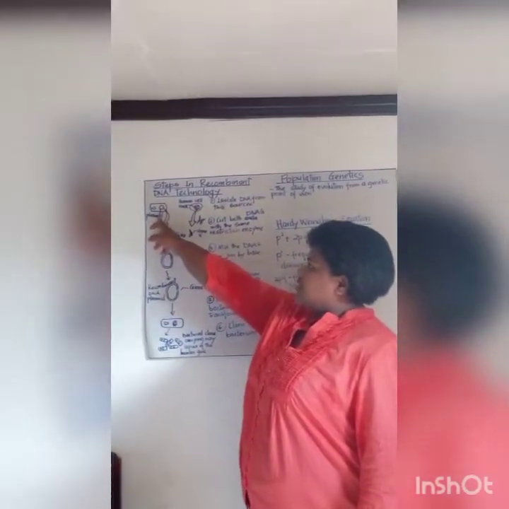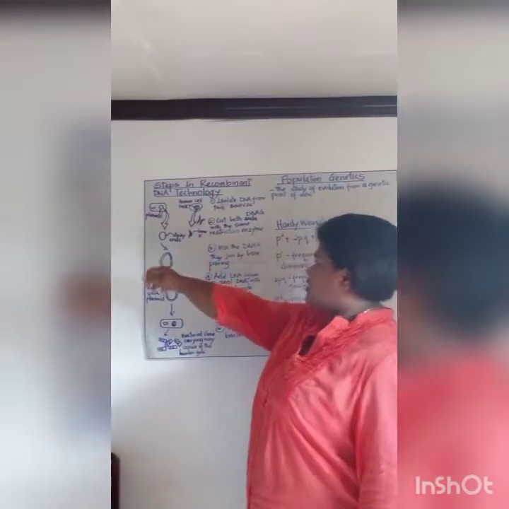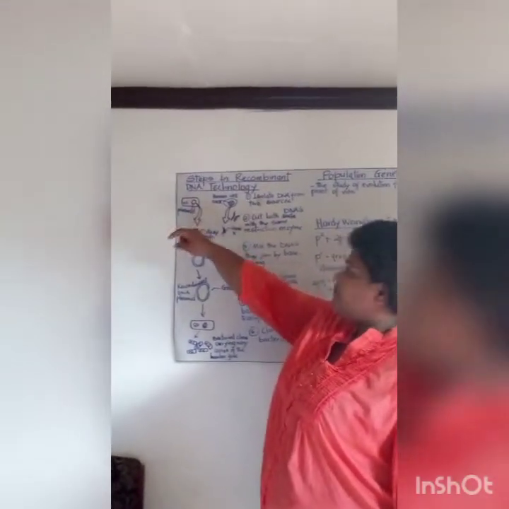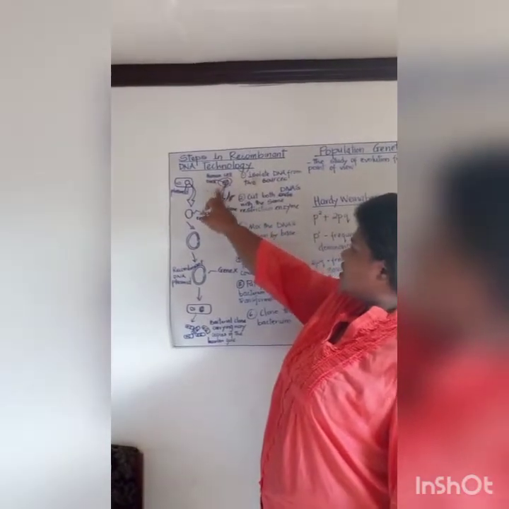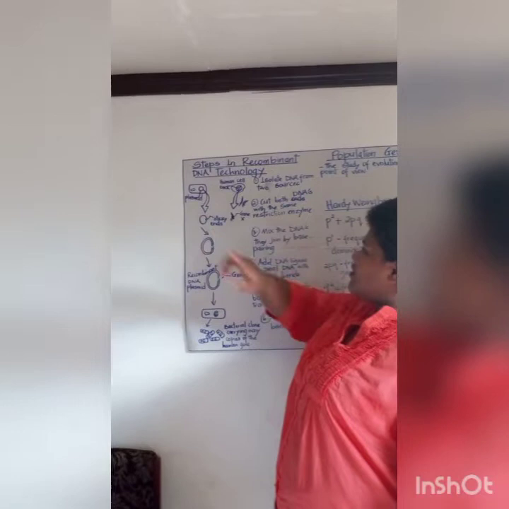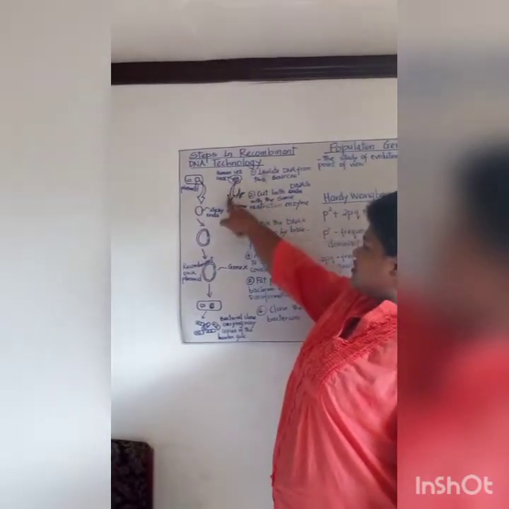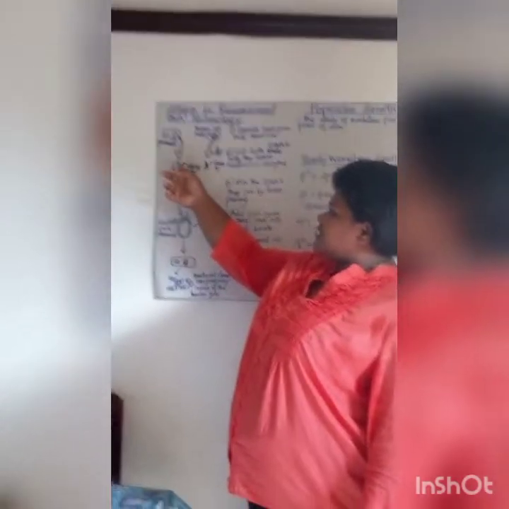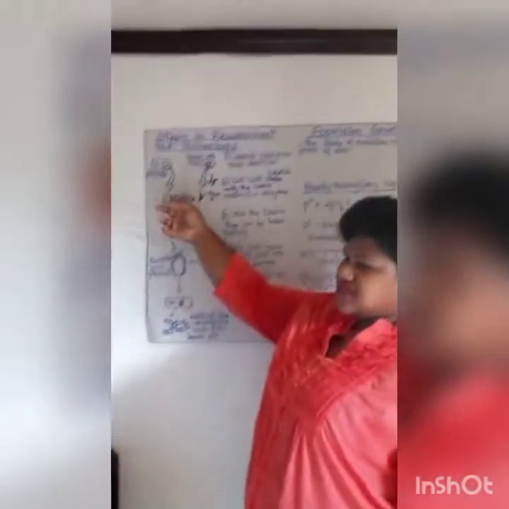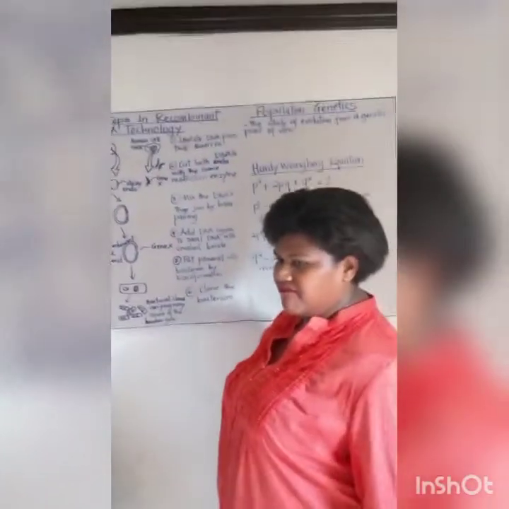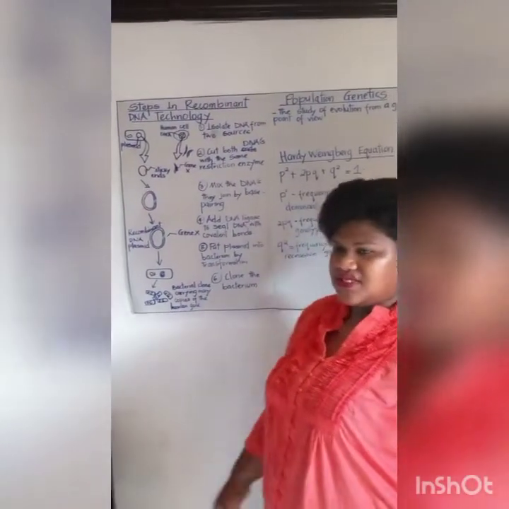These are the hosts. The plasmid is taken out. This is a human cell DNA, and the gene is taken out. Then this part that's been cut, it is cut by the restriction enzyme.